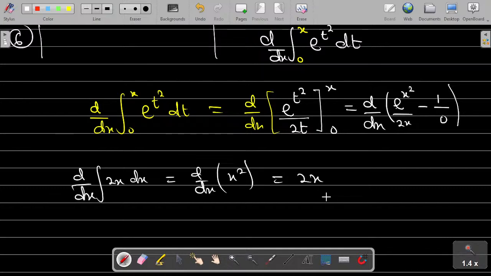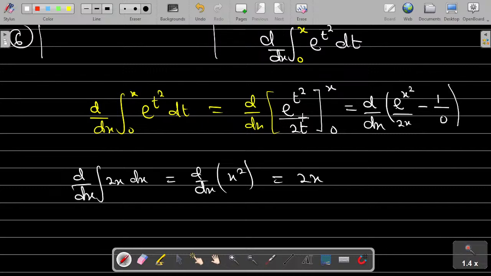So in other words, you see that the integral takes away the derivative. But the only issue in this case is that it's a definite integral going from 0 to x, so we need to evaluate the values from 0 to x.